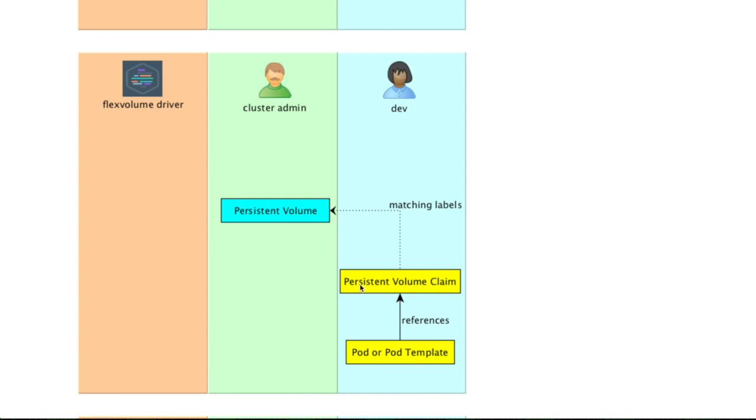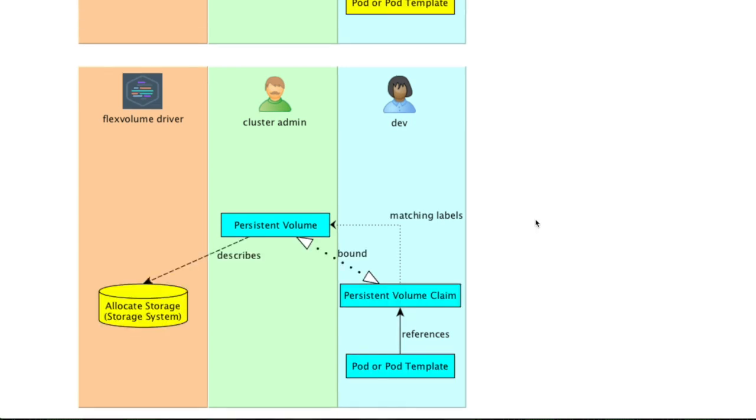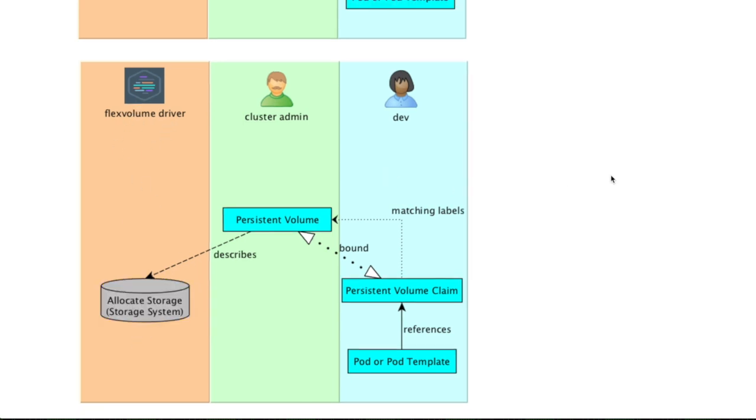The developer creates their persistent volume claim and their pod or deployment. And just like before, our persistent volume claim gets bound to the persistent volume. What's different here is when this pod or deployment is instantiated, this storage will be allocated just in time by the flex volume driver. And this is what our end state looks like.